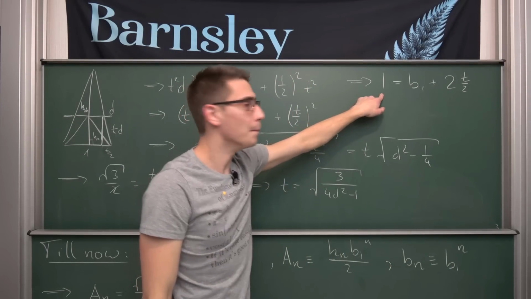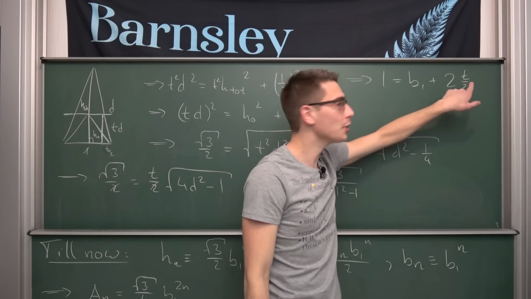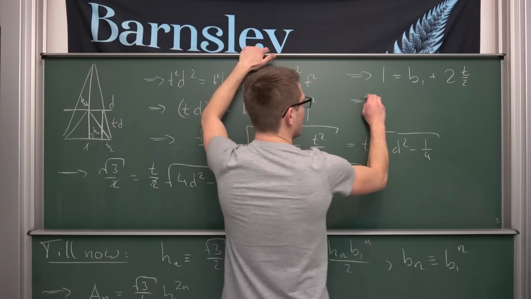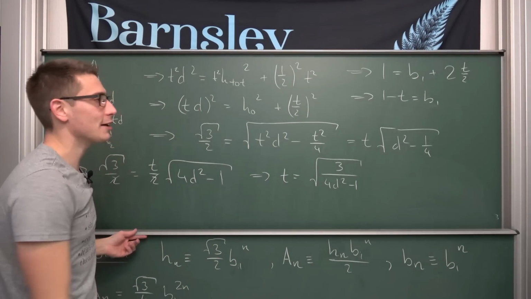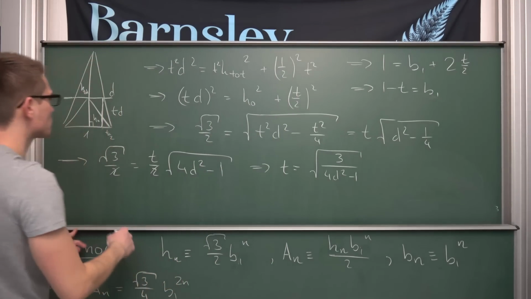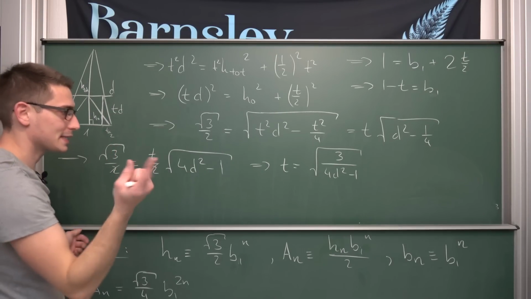Meaning the 2 and 1/2 cancel out. 1 minus t is nothing but B1. Cool stuff. So we know what B1 is in terms of the scaling factor.